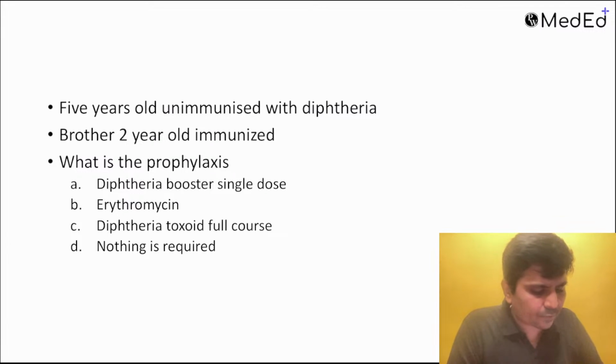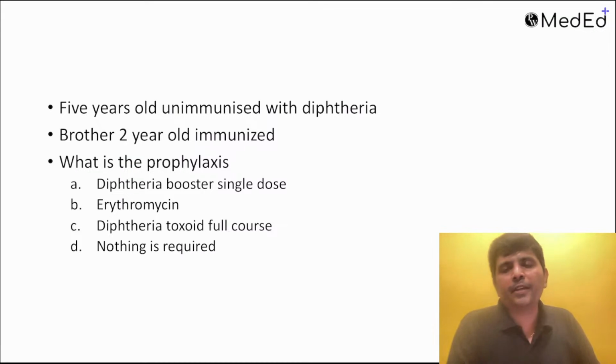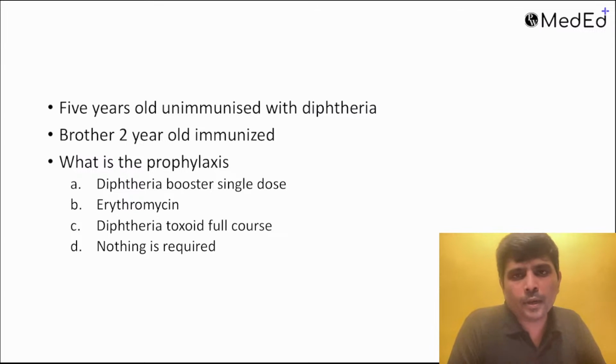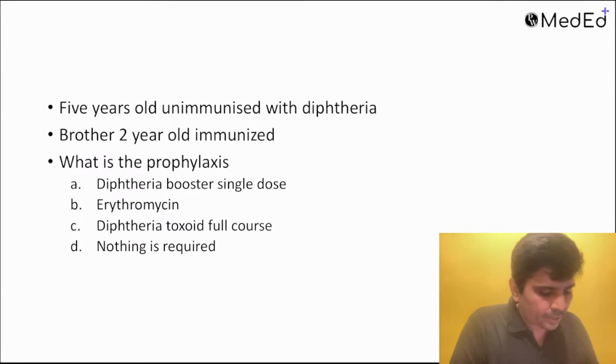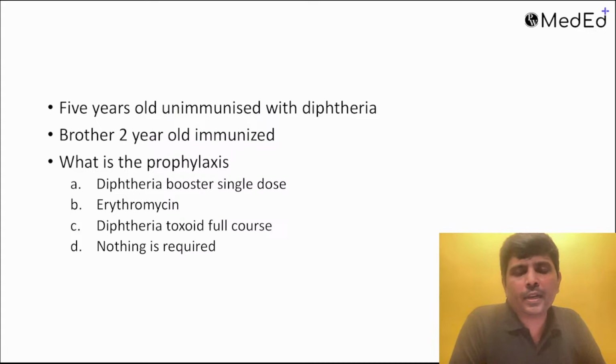Okay, so what is the answer for this question? Completely immunized was mentioned. Even then, you need to give a single dose of erythromycin or a single dose of penicillin to avoid spread from the child to the contact. Is it that nothing is required, or a single dose of erythromycin?